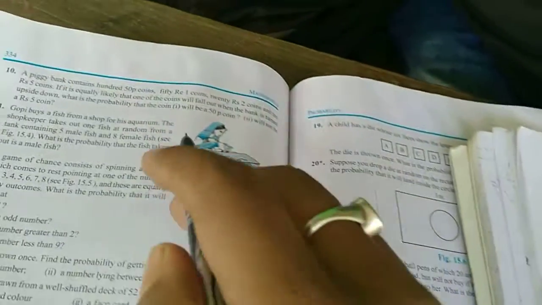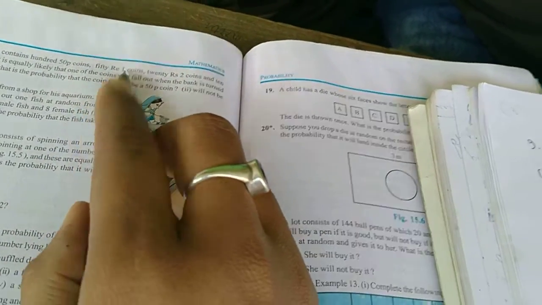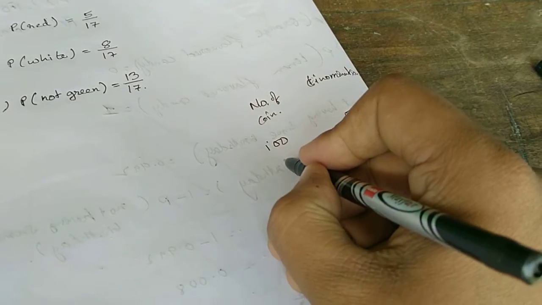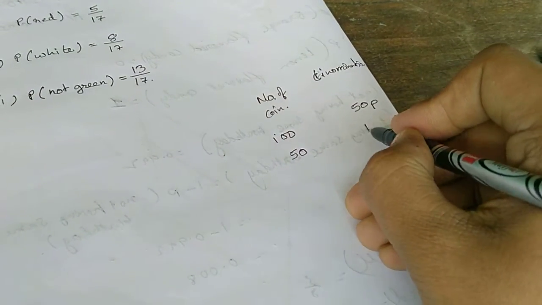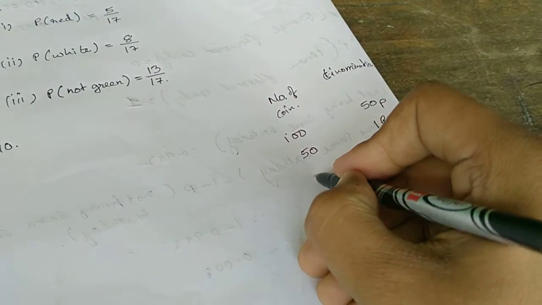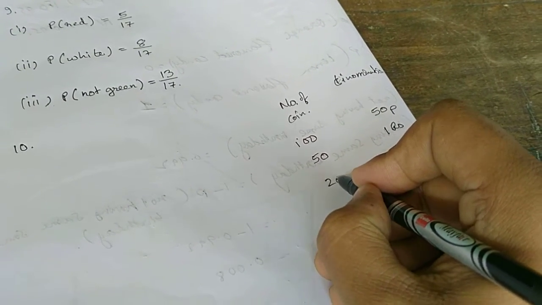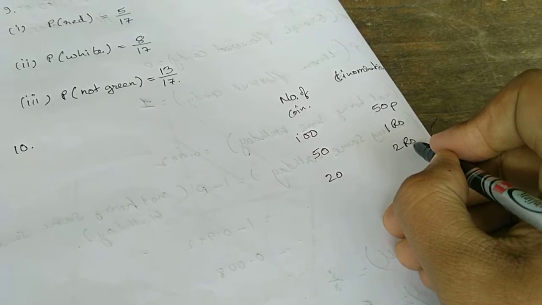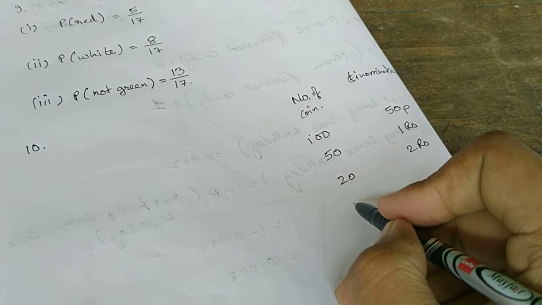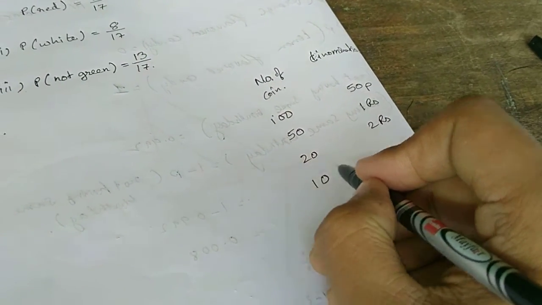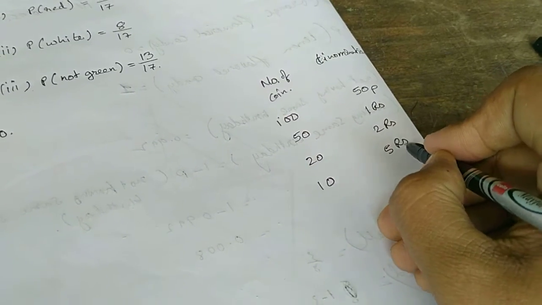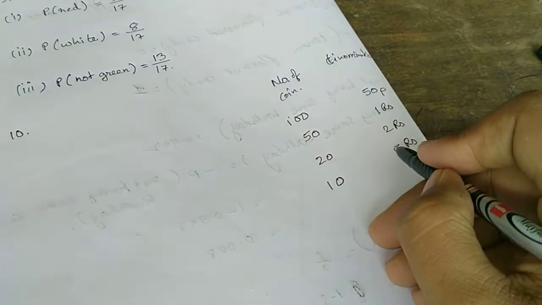The next one is 50 1 rupee coins. The next one is 20 2 rupees coins. Then the next one is 10 5 rupees coins. Understand? So these are the coins.